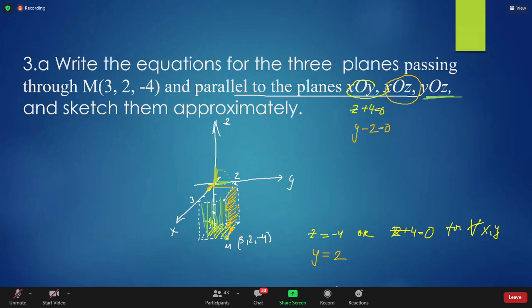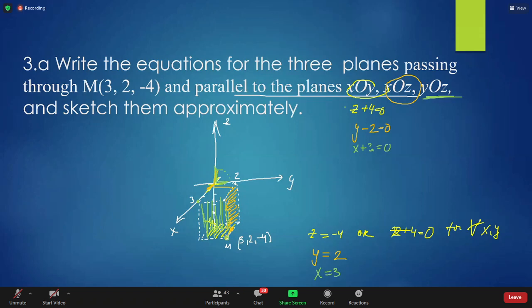And this vertical plane evidently passes through point 3 on the x-axis. So we can write x equals 3, or we could write x minus 3 equals 0. So these three planes and no others are the planes.